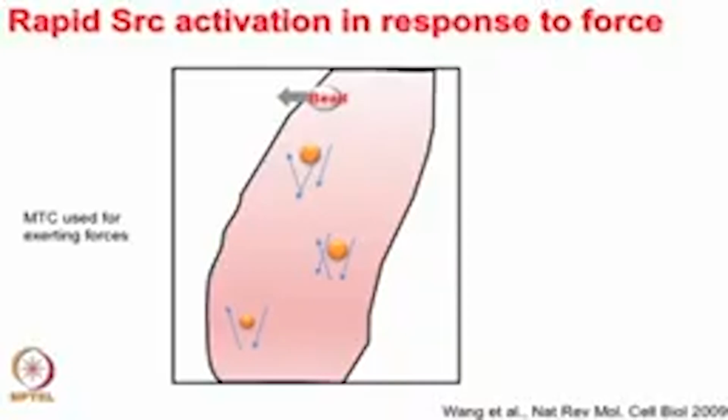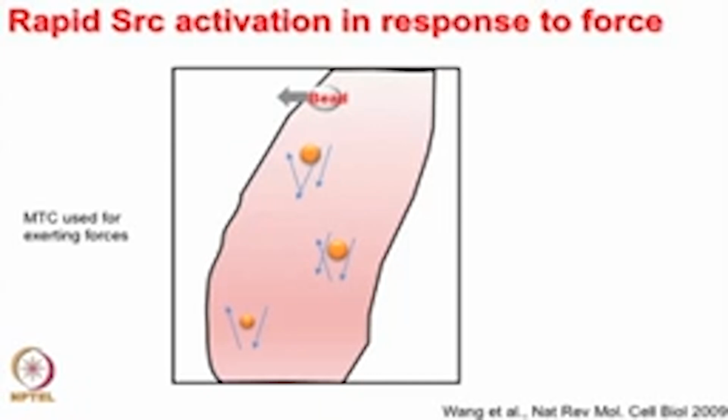This is another example in which, in this experimental setup, a bead has been physically linked on top of the surface of a cell by coating the bead with some extracellular matrix protein and allowing it to settle on the cell.